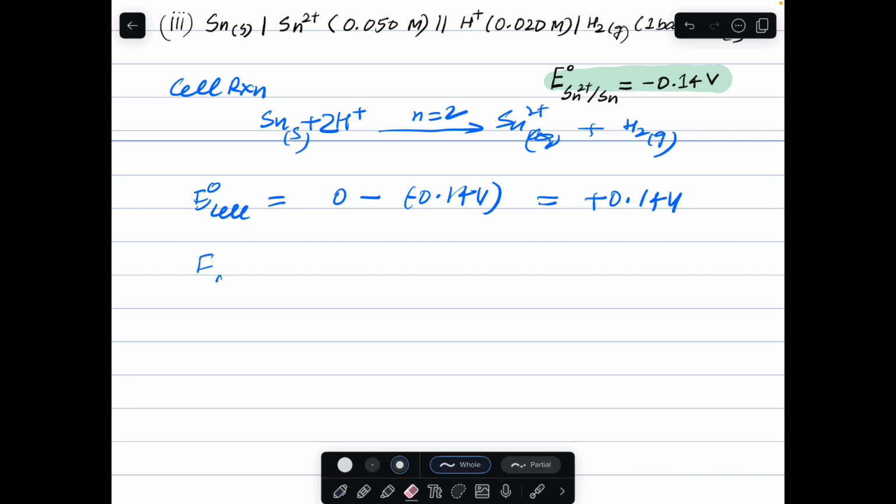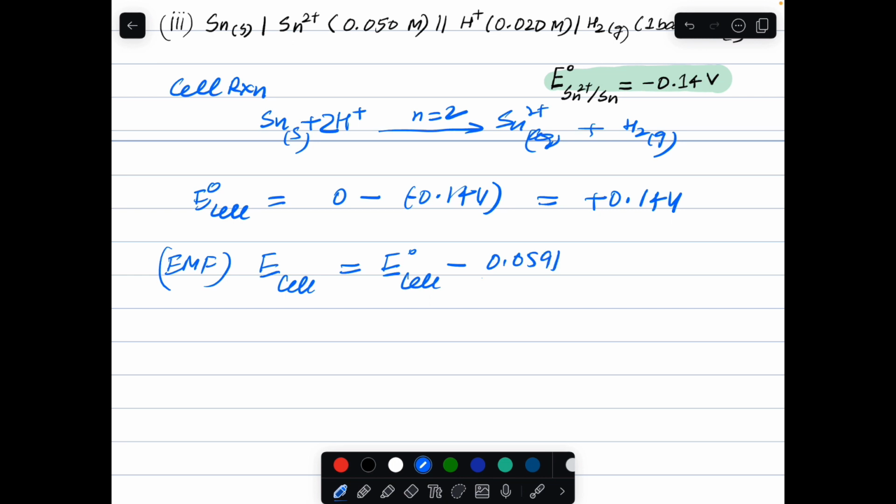So your EMF or E cell is equal to, according to the Nernst equation, the first value, E naught cell value, minus 0.0591 divided by the number of electrons involved, which is 2 in our case, log of concentration of entities on the product side divided by concentration of entities on the reactant side.